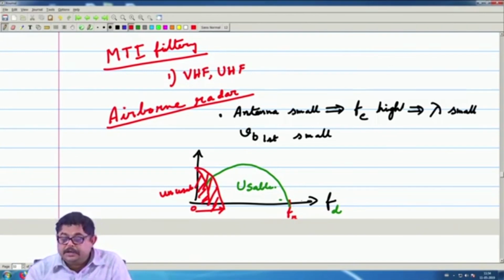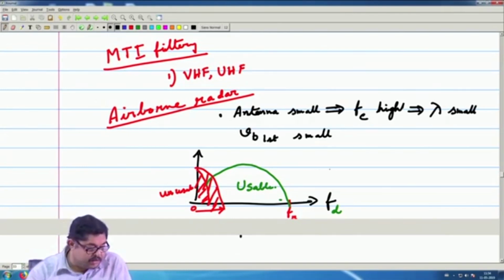On the other hand, you want to detect a high velocity target, so the usable space should have been extended much more, because you want to have much higher velocity targets. That means this frequency should have gone here.